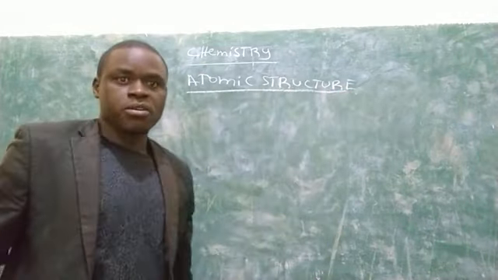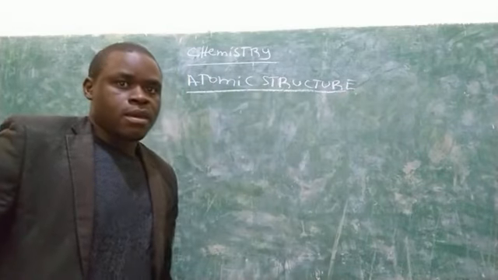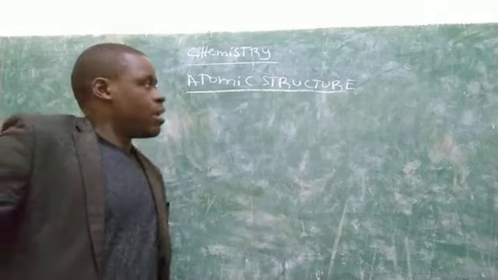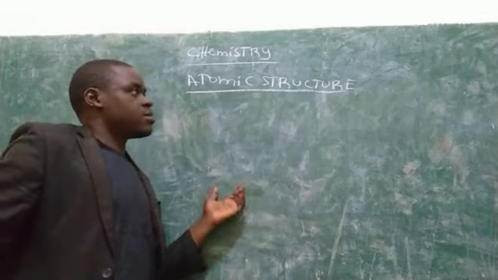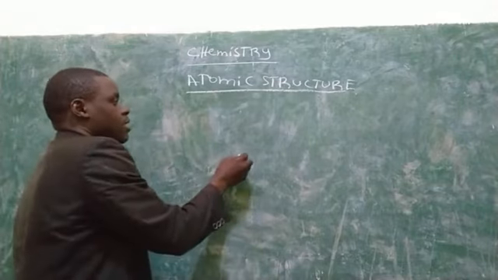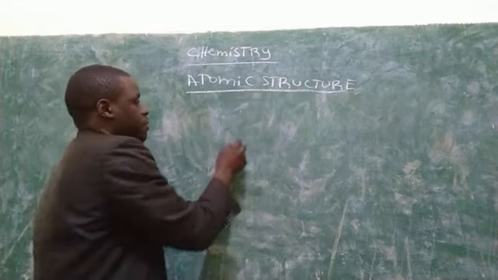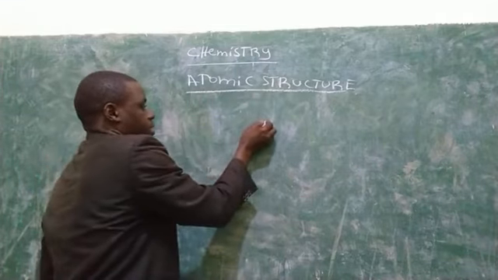So in the atomic theories, we study that the atom, we take it as a sphere. For example, it's like this.